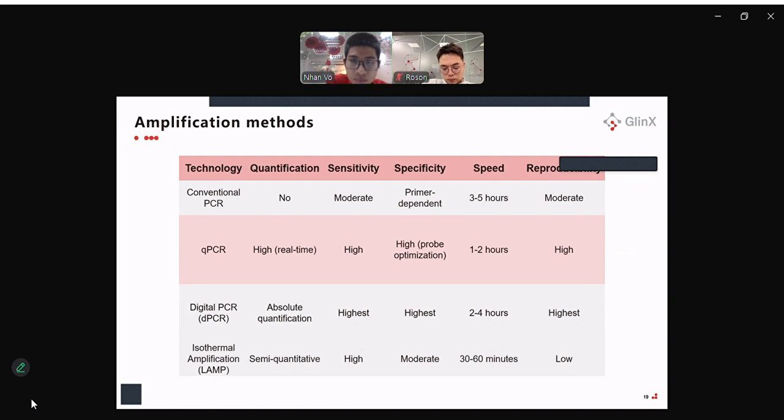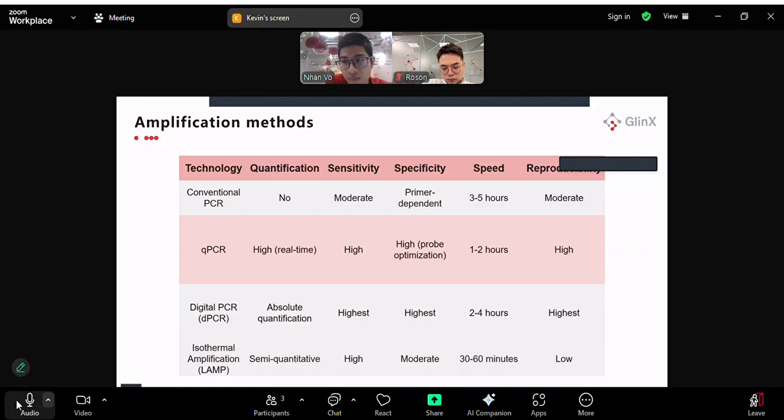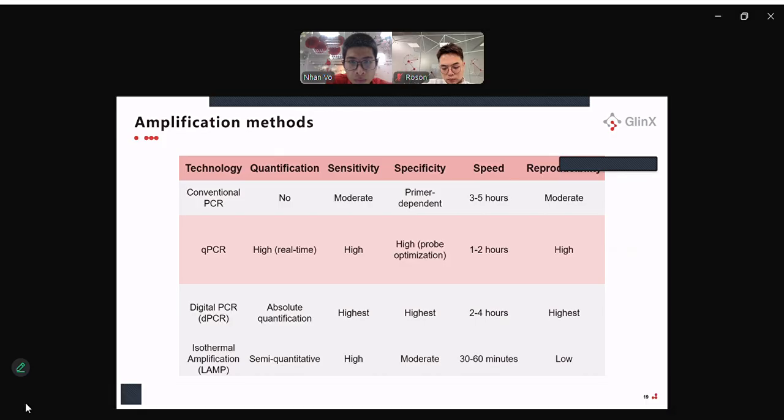So we can say that this kind of method is highly sensitive and specific, making it ideal for diagnosing infectious disease and providing quantitative results. It's not qualitative results, it's quantitative results.